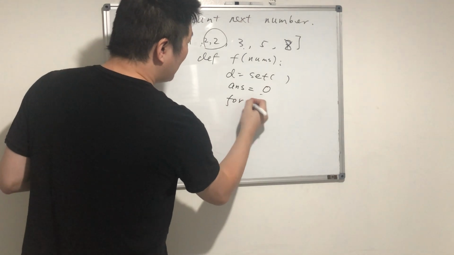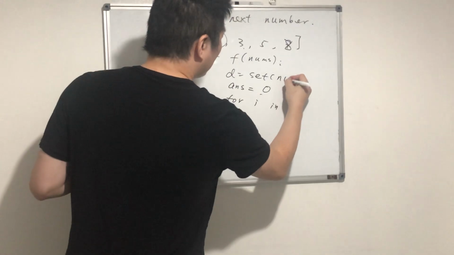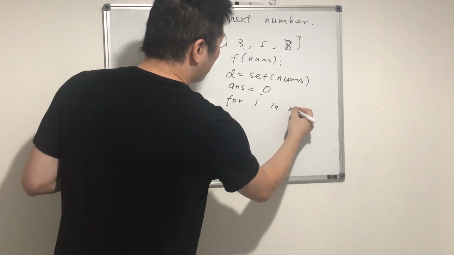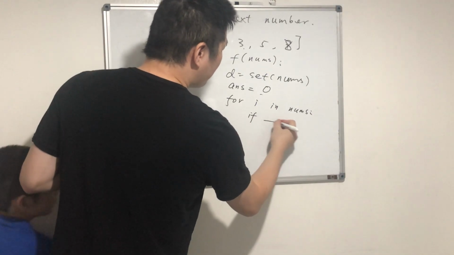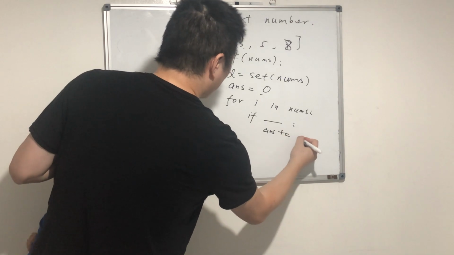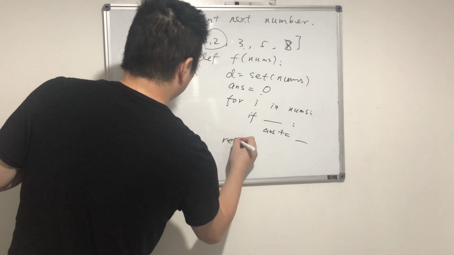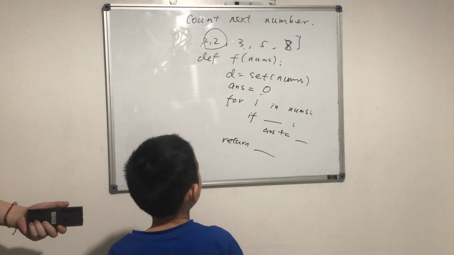Look, for I in we do these numbers here. For I in nums. If what? Answer plus equals what? And return what? Okay? Can you fill the blank? Return answer.